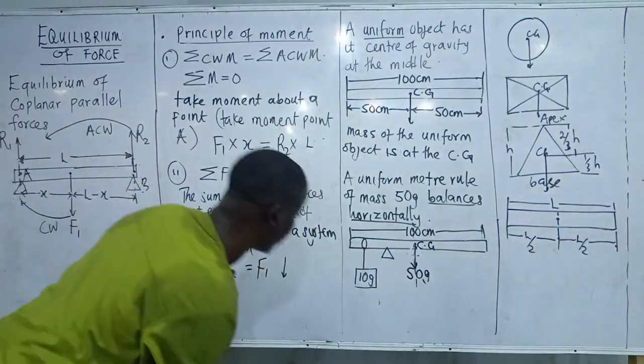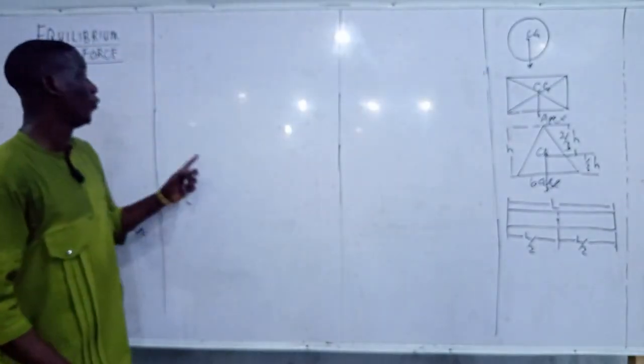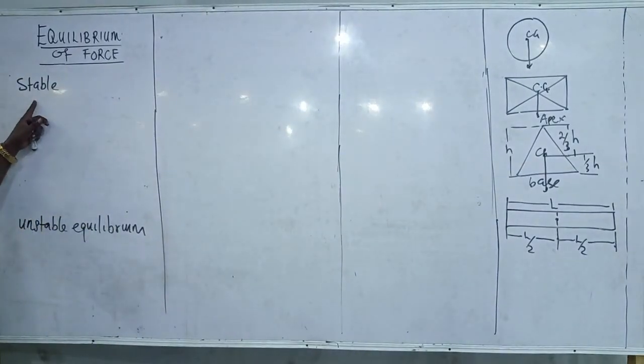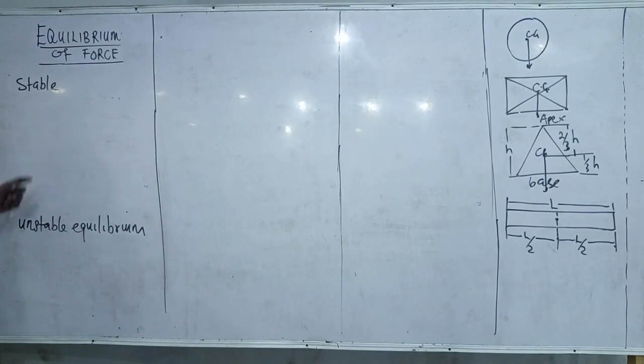So that is the last one I want to talk about. Now we stop at stable, unstable, and neutral. The question is, what is stable, what is unstable, and what is neutral?